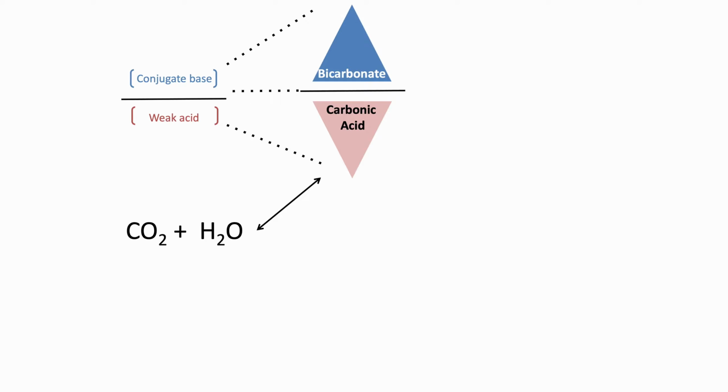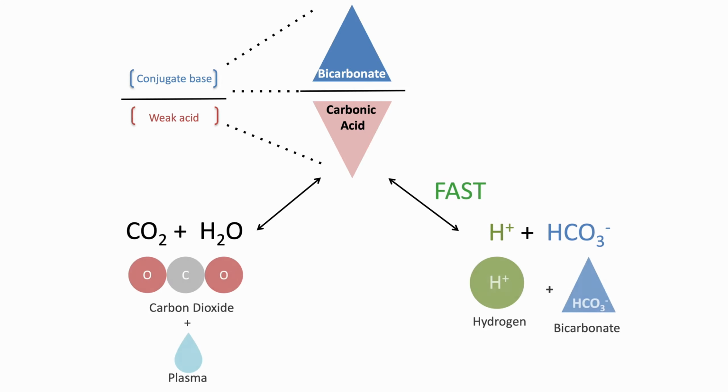Carbonic acid is formed from carbon dioxide dissolving in plasma, which rapidly dissociates into hydrogen ions and bicarbonate. Carbonic acid is transiently present in the blood before forming hydrogen ions and bicarbonate, as depicted here.